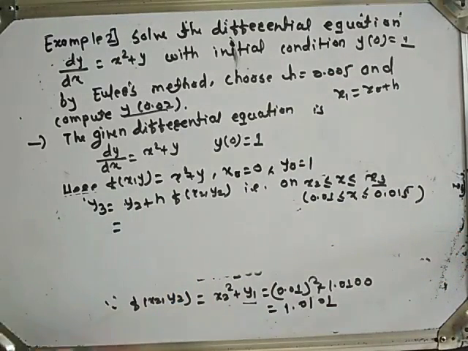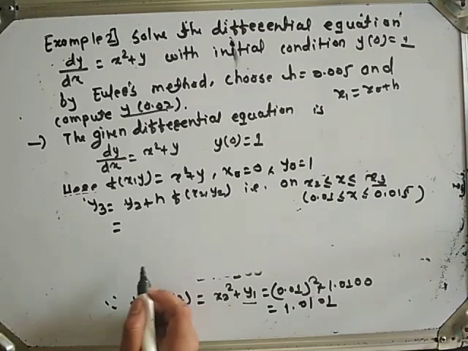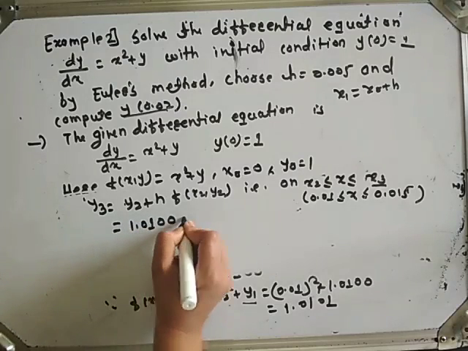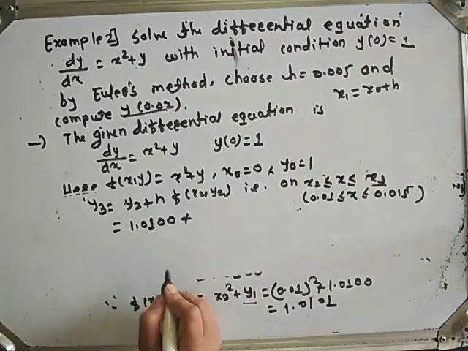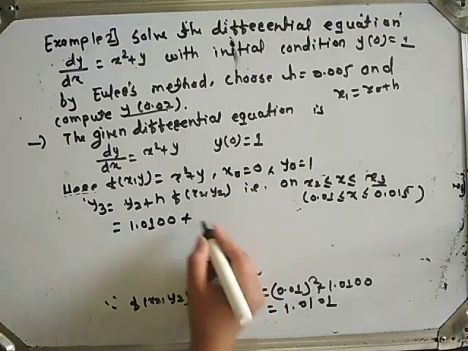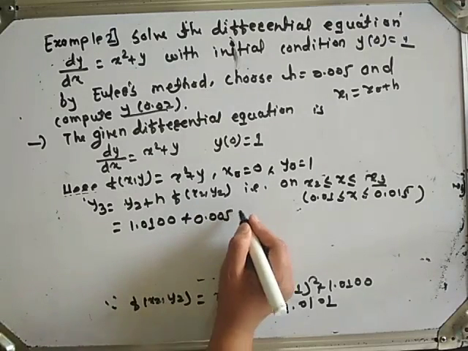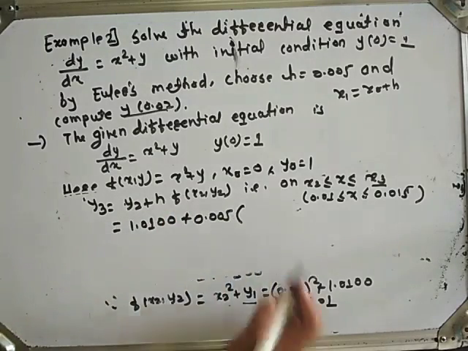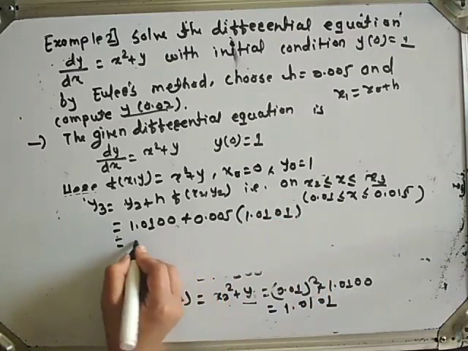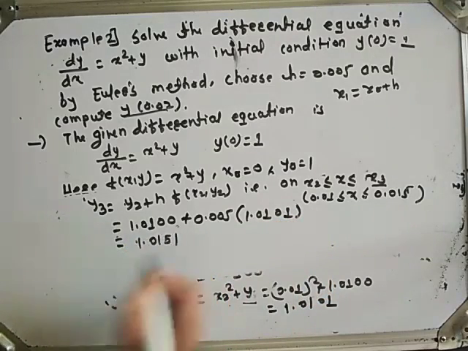Put y2, which we have calculated as 1.0100, plus h, 0.005, into f of x2 y2, which is 1.0101, which equals 1.0151.